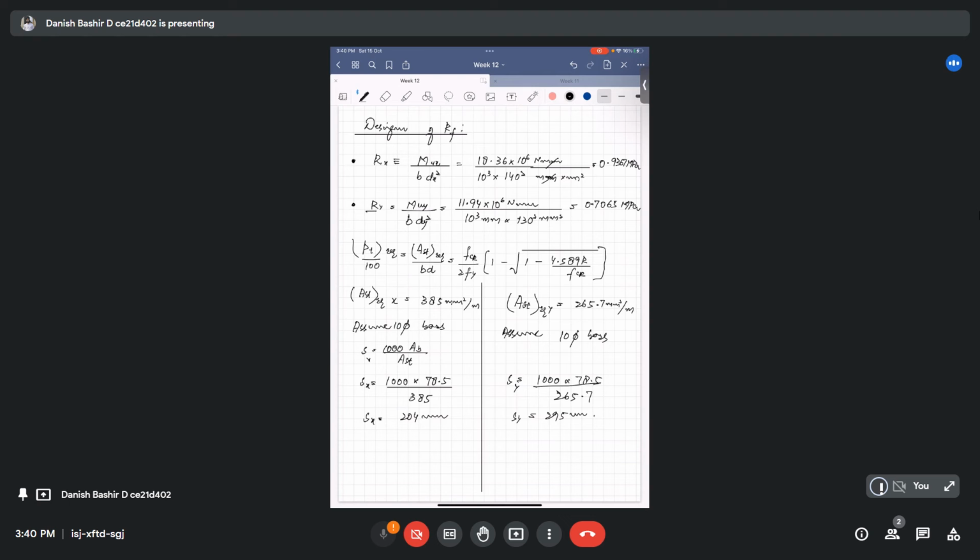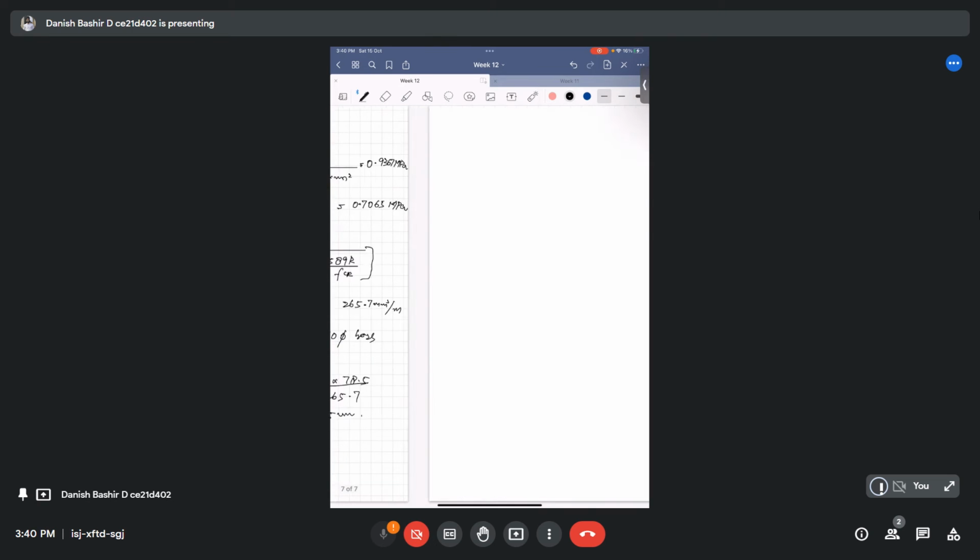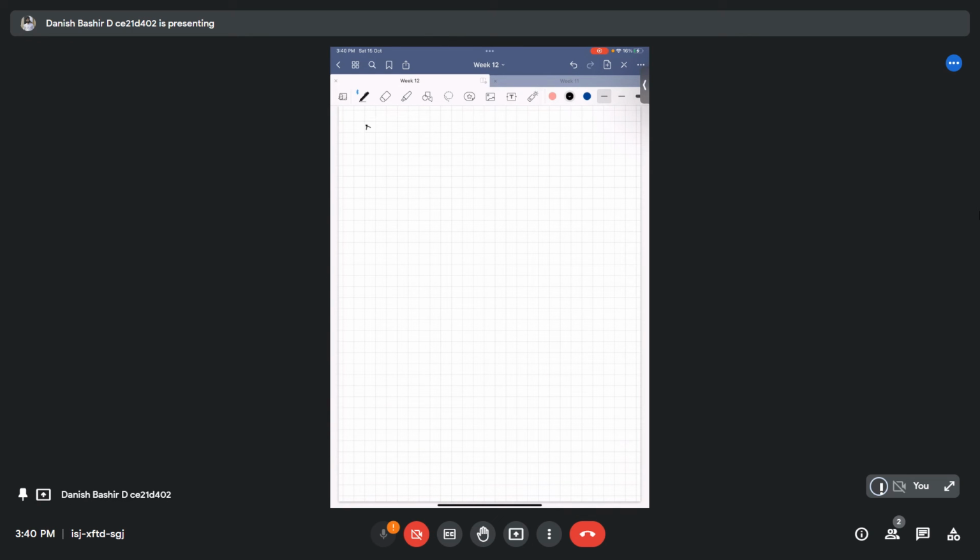So we will have to check the maximum spacing for primary reinforcement. What the code says for this is it is either 3d or 300 mm.